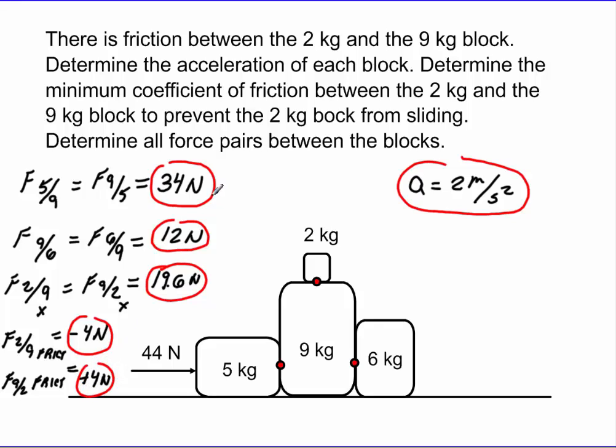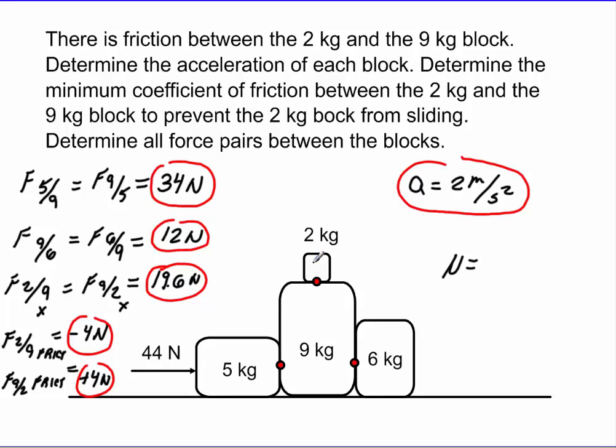And then we've got to get the coefficient too, right? It would be static, actually. Static only because this block is not sliding along this block. But does that matter though? Well, I'm not going to ask you on the test, but technically you should know it's static and not kinetic, just because it's not sliding, even though it's moving, it's still not sliding with respect to the 9.